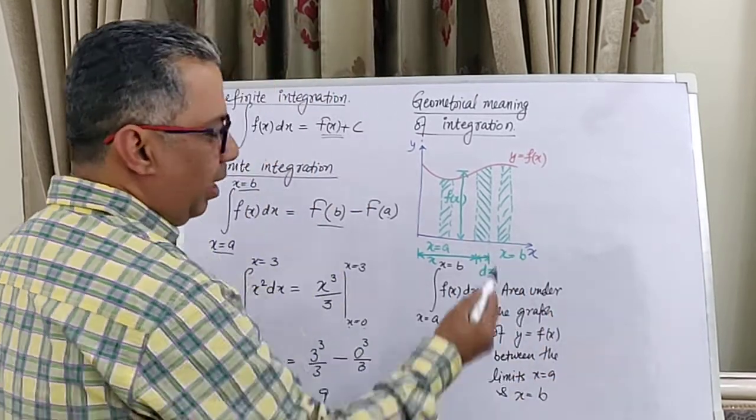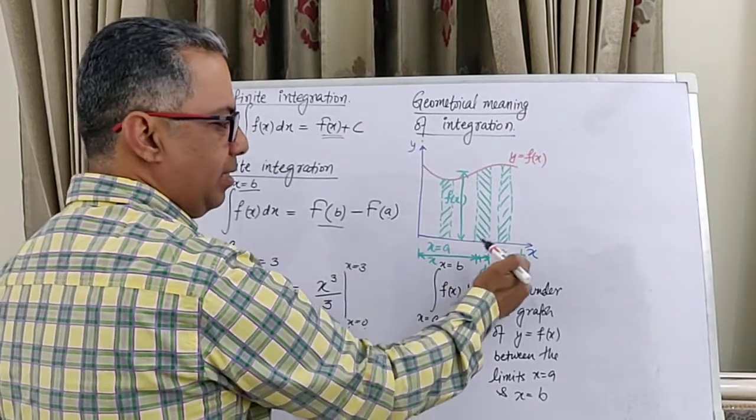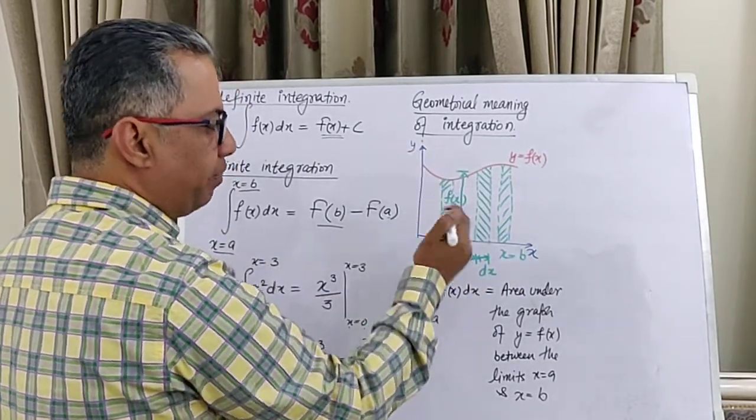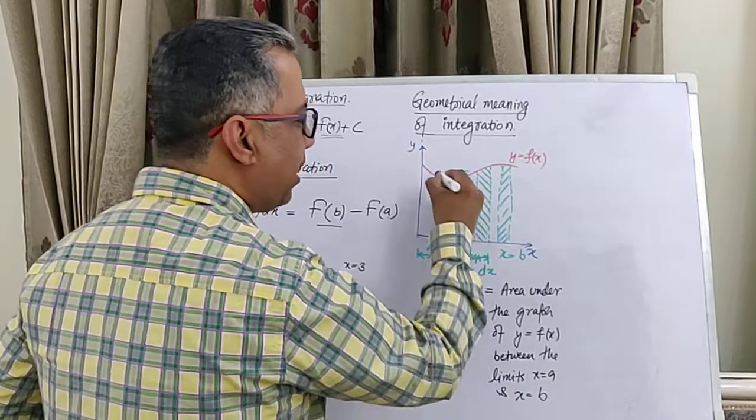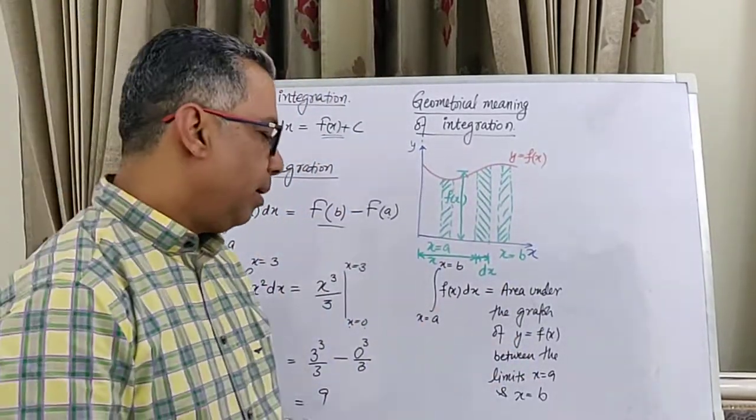Of course, the area is limited by the vertical lines at x equal to a and x equal to b, and the x-axis and the graph of the function. So we get that area here.